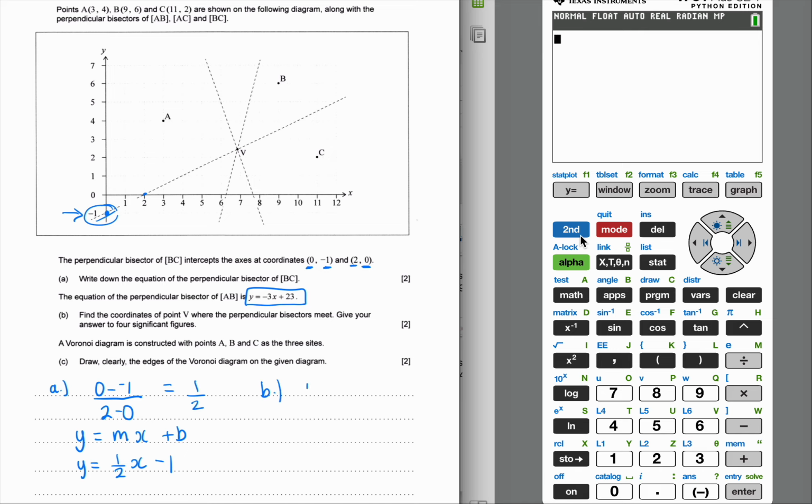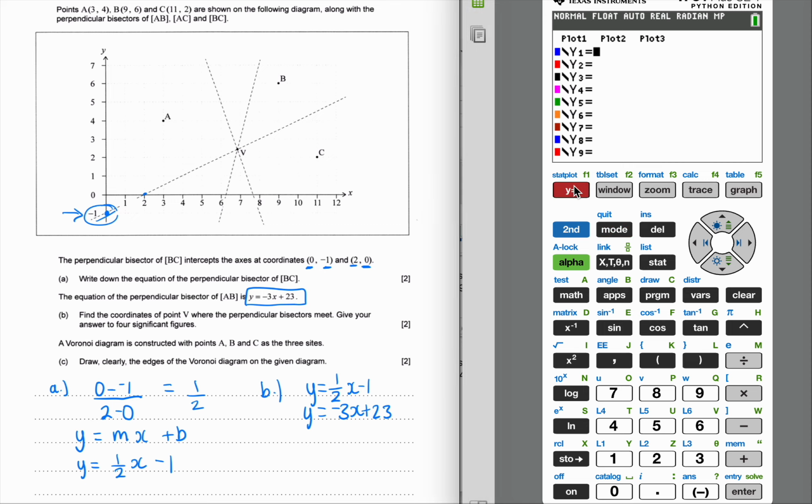We have the one that I just found, y equals 1/2 x minus 1, and we also have y equals -3x plus 23 that the question gave to us. We're going to type both of those into our calculator.